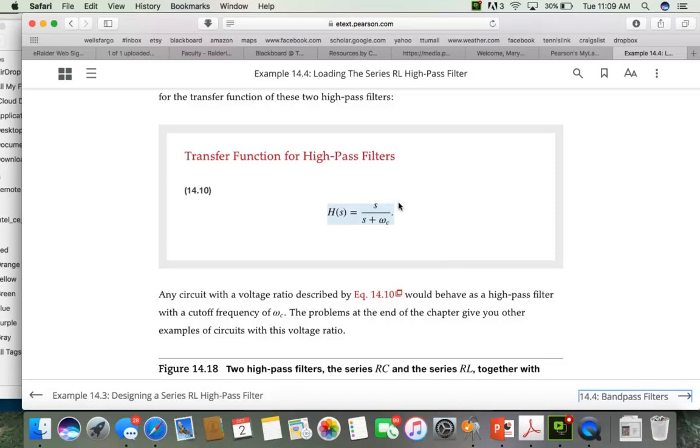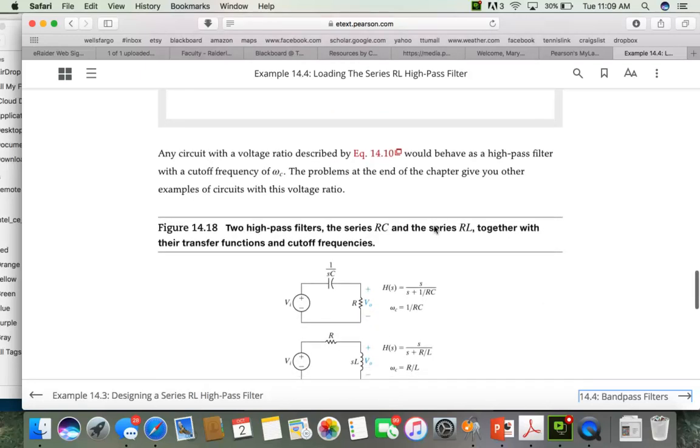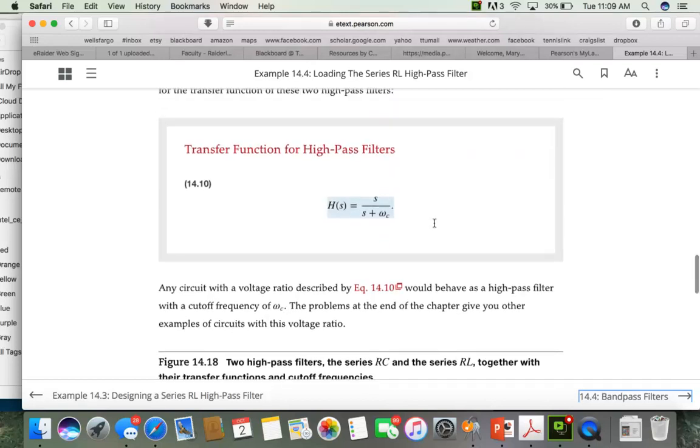The difference between the high pass and low pass transfer functions is that in the low pass filter we had an omega C in the numerator and no S. In the high pass filter we have an S in the numerator and no omega C. And either one of those filters, high pass or low pass, can be loaded, giving you a change both in your cutoff frequency as well as in the overall gain of the filter.